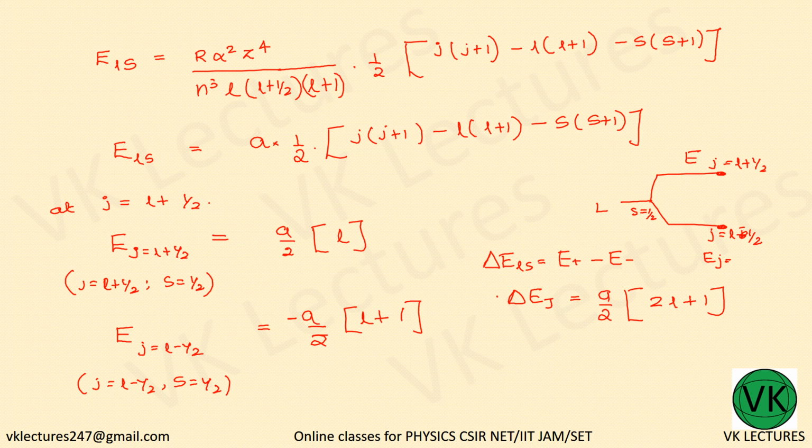This you can write as A times L plus half. L plus half is nothing but J plus 1, since if this is J, this has to be J plus 1. So A times J plus 1 is the delta E_J.